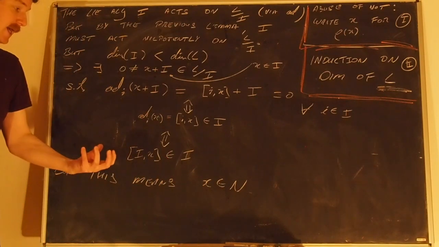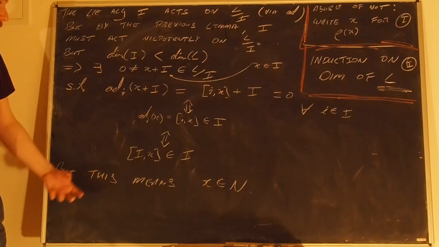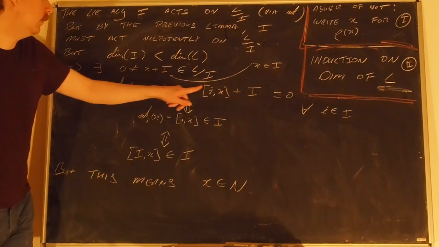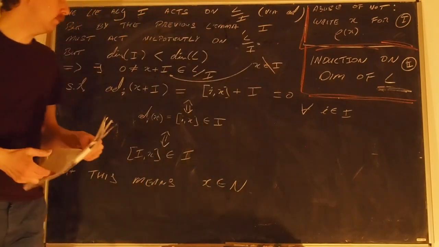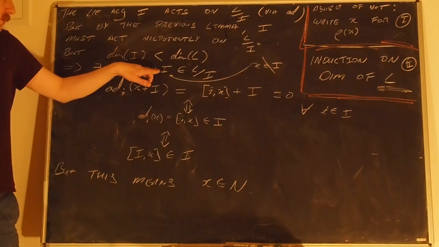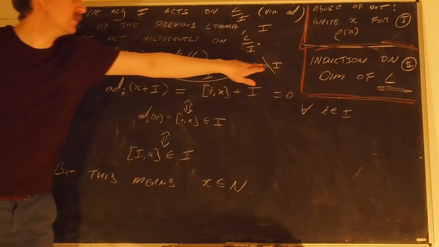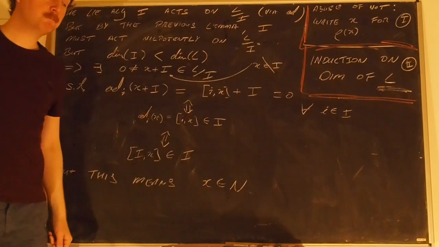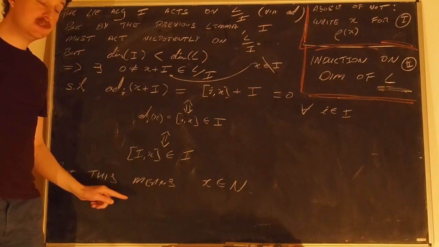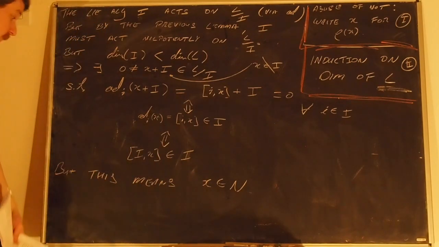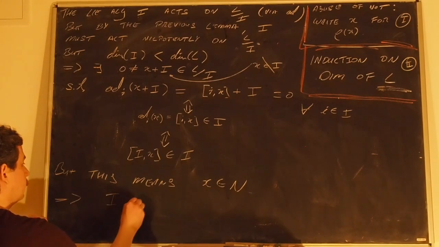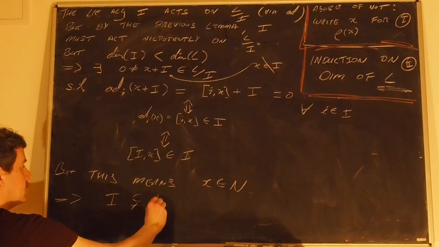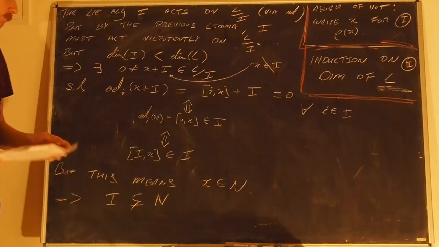Now, of course, we could say x is in I, so that's not really anything different, but it's not, because this is non-zero. What does that mean for it to be non-zero? It means that x is not actually contained in I. So we've shown, and this, of course, means that I is properly contained in N. Okay.